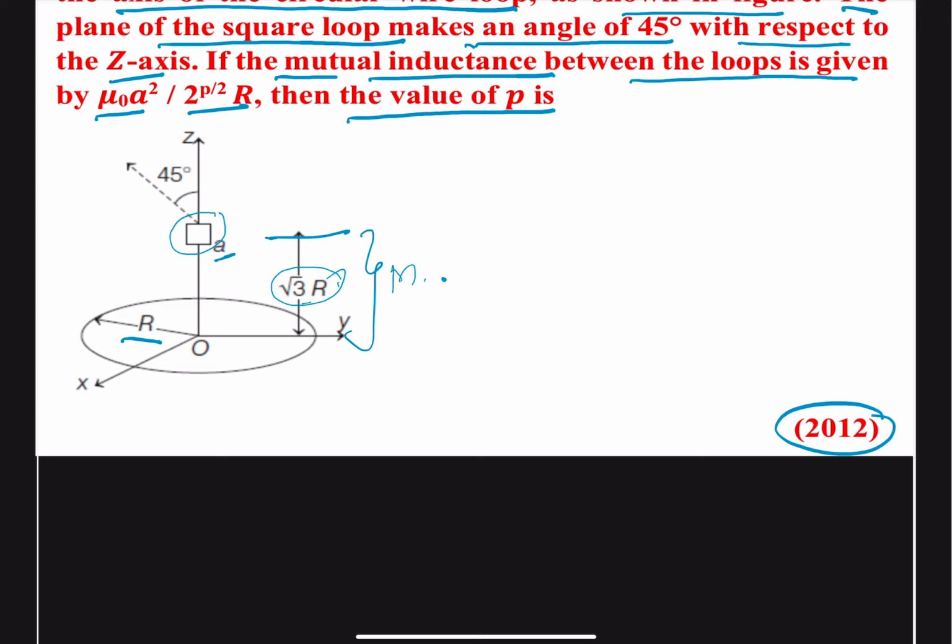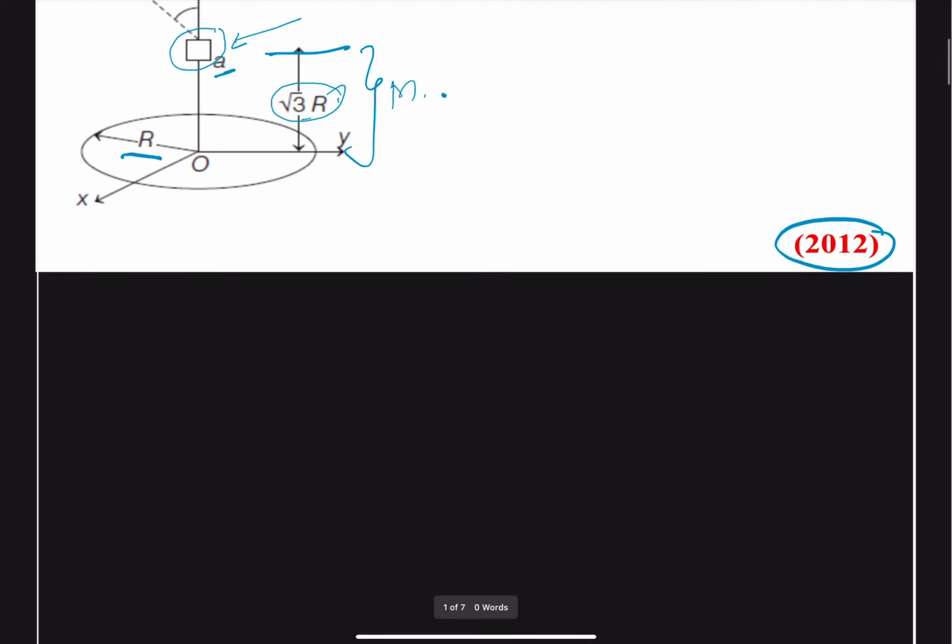First of all, we are going to find the magnetic field at this particular distance, which is given as square root of 3 times r. For that, we are going to use Biot-Savart's law.